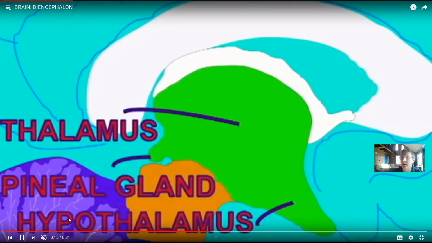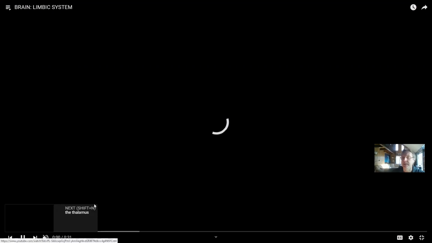So this area in general has so many functions. It's incredibly important. One of the ways that you might hear references to it is being part of the limbic system.